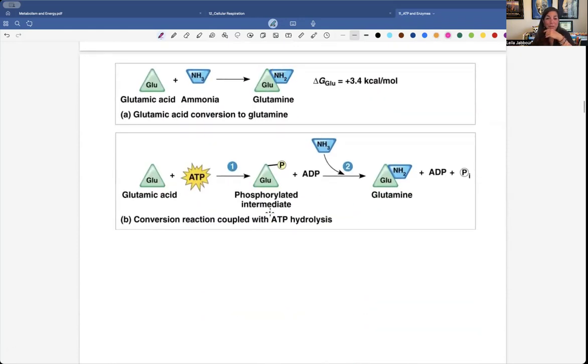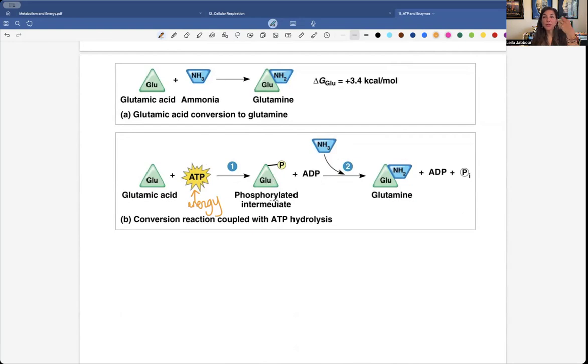So here we go. So that's the energy in the form of ATP. That's your energy that's going to be used. And this is showing you the intermediate step where you have that third phosphate that got plucked off and basically used as a placeholder on glutamic acid.